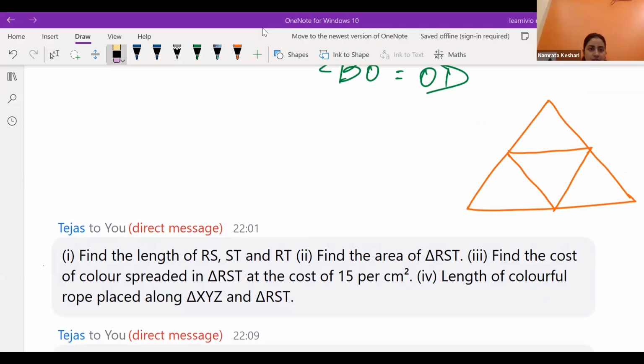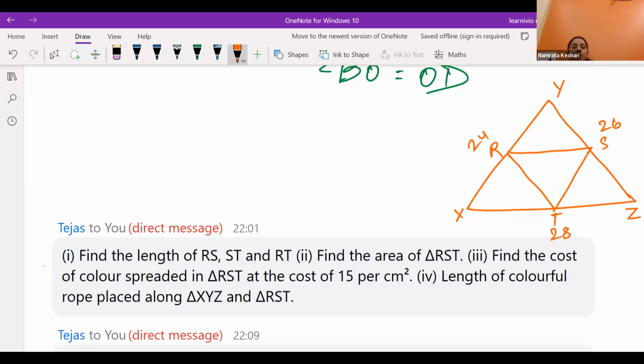X, Y, Z. And here we are having RST. What else were we having? We were also having 24, 26, 28. XY was 24, YZ was 26 and this is 28. Have I written it correctly, Tejas? Yes, ma'am. Okay, in centimeters.